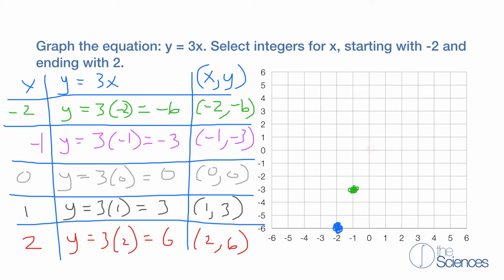So we're going to move to 0 and 0. So here's our third point. Now our fourth point is 1, 3. So it's one place to the right and 3 places up. So here's our fourth point.